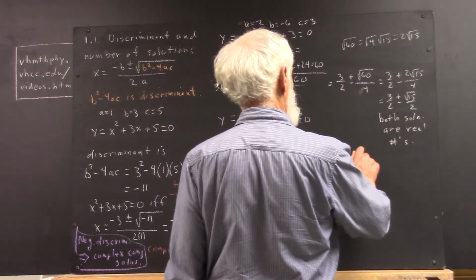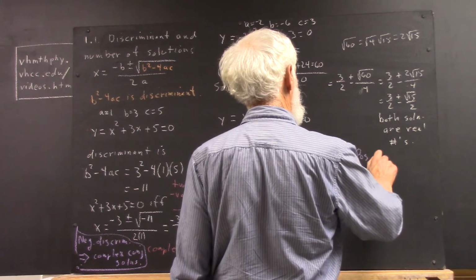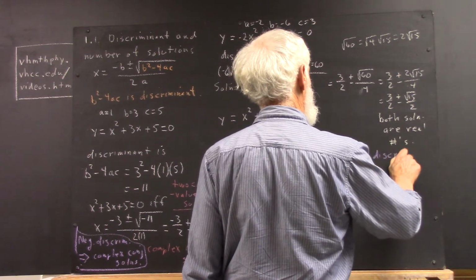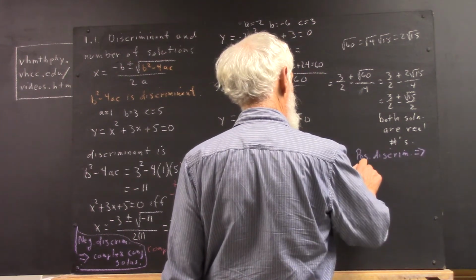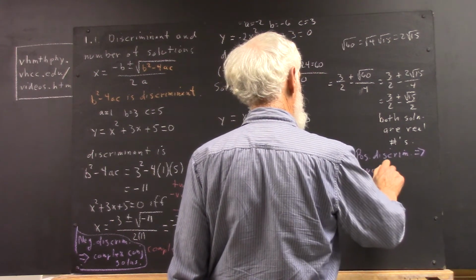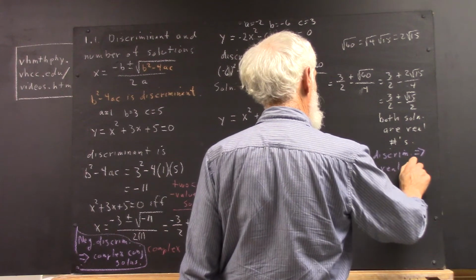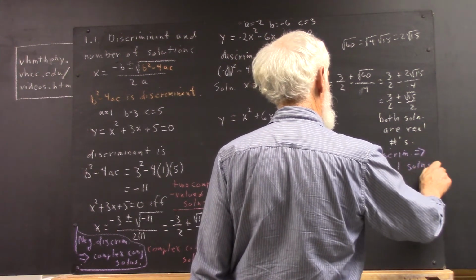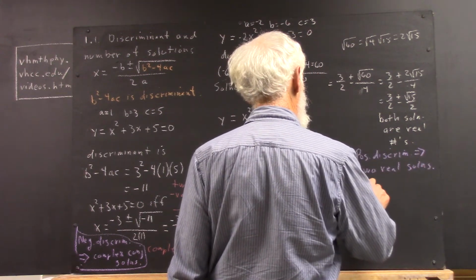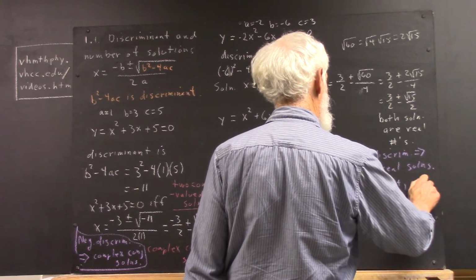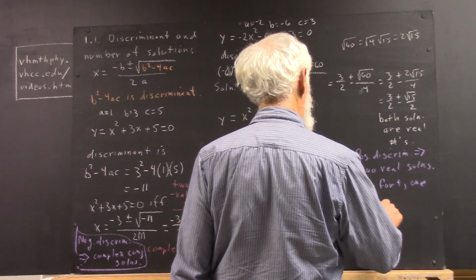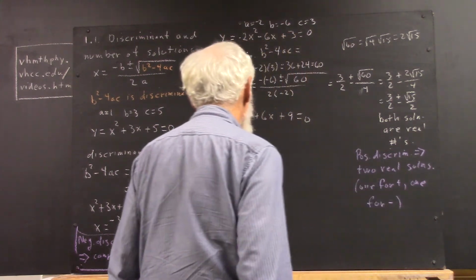So positive discriminant implies two real solutions. One for the plus, one for the minus.